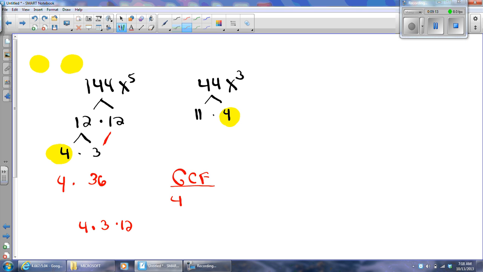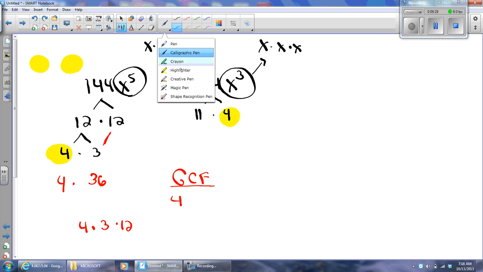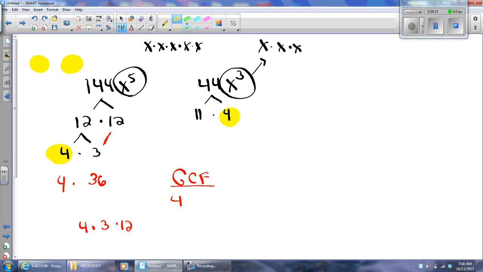How about those x's? Well, here I have 5 x's being multiplied together. And here I have 3 x's being multiplied together. They're all factors. How many do they have in common? Well, let's see here. I have 1 here and 1 here.